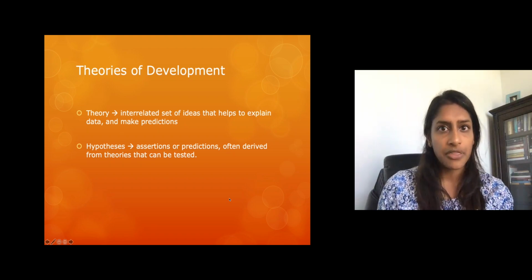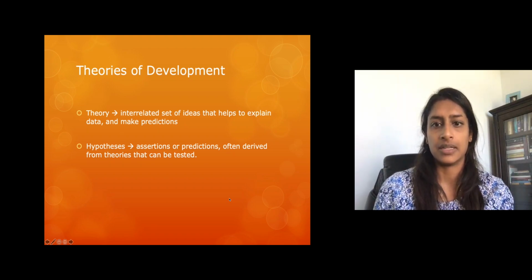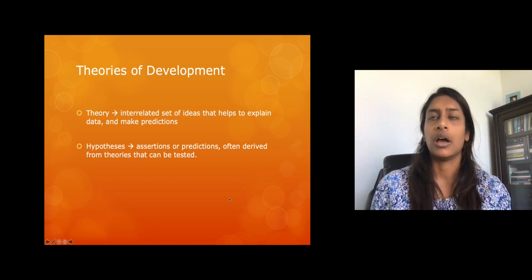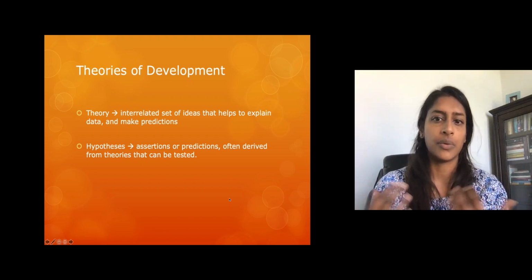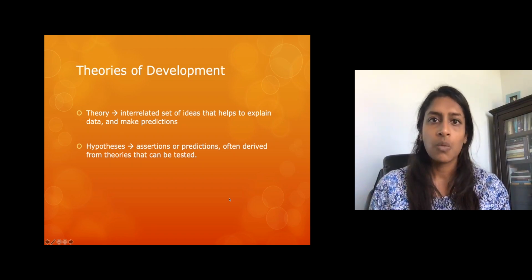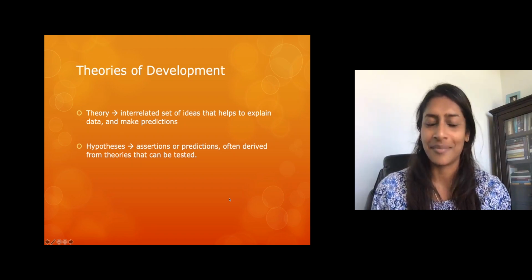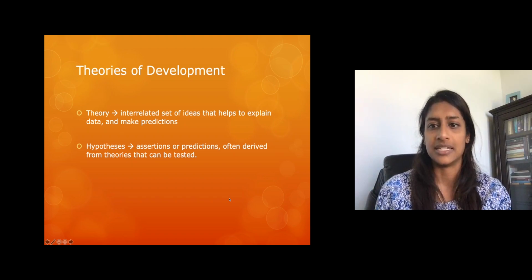So when we think about theories in development, first we need to think about how do we come up with theories? How do we come up with hypotheses? Well, we do this using the scientific method. If you have taken a basic science class in elementary school, you know about the scientific method.